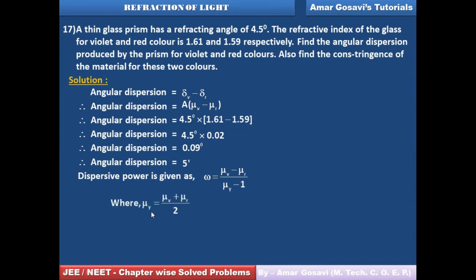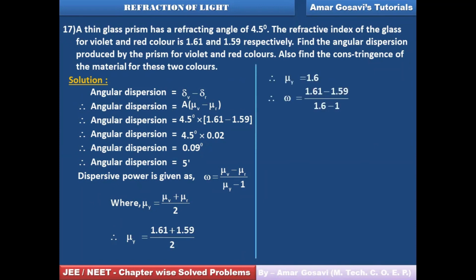So mu y can be found as (mu violet plus mu r) by 2. Let's find mu y: (1.61 plus 1.59) divided by 2, which gives us mu y equal to 1.6. Now we know everything: mu yellow, mu violet, mu red. Substitute it here and get the dispersive power omega. The dispersive power comes out to be 1 by 30.